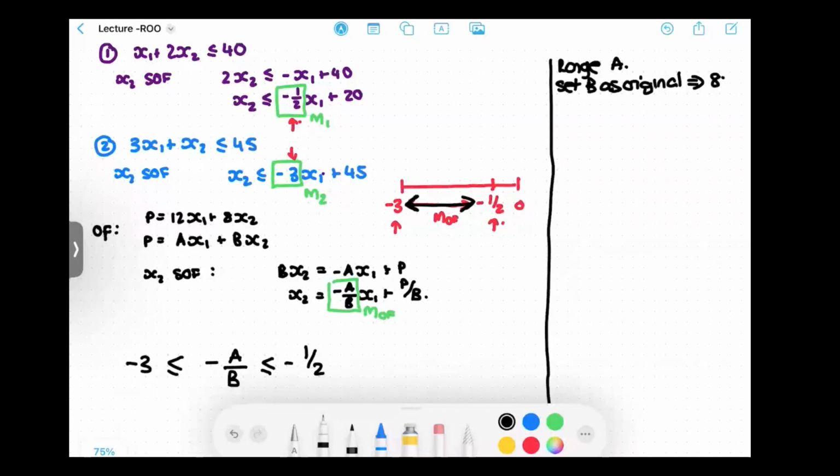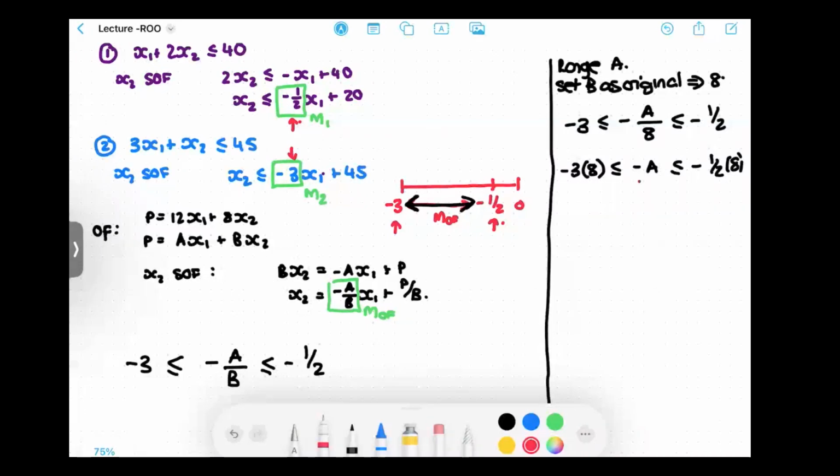So we're going to have minus 3 less than equal to minus A upon 8 less than equal to minus a half. And then we're going to multiply through by the 8. So we're going to have minus 3 times 8 less than equal to minus A, less than equal to minus a half times 8, which is 4, but let's just go with this at the moment.